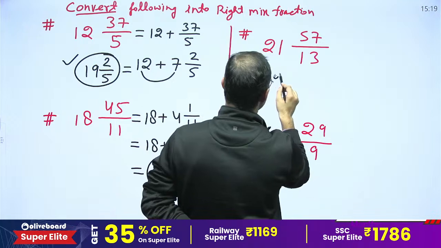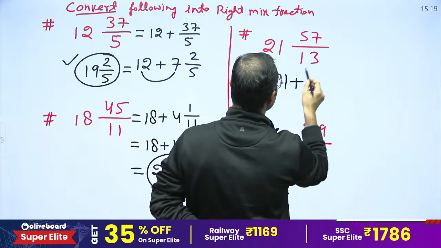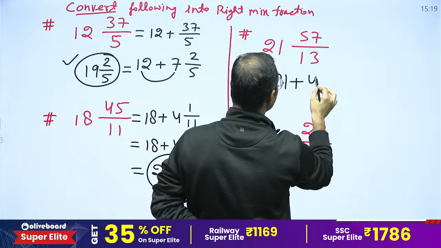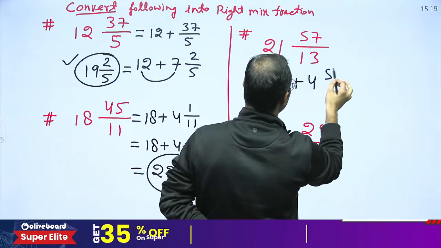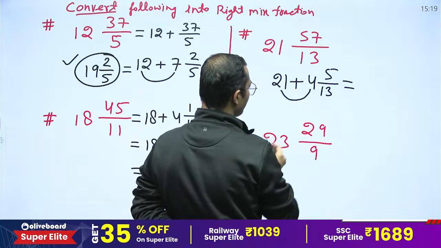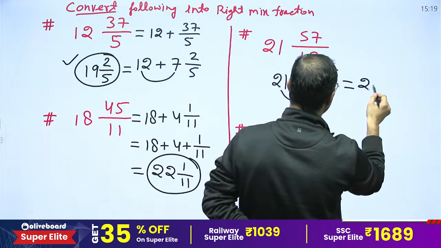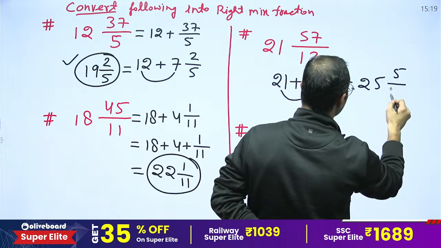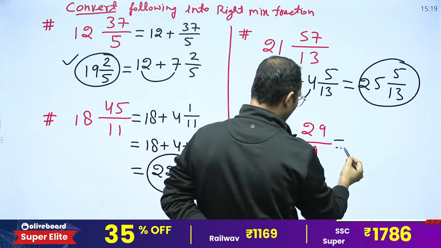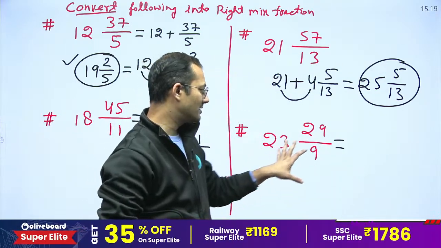Now we can write 21 plus 13 fours are 52, so 5 by 13. So directly we can say 21 plus 4, that is 25 whole 5 by 13. Yes, clear?